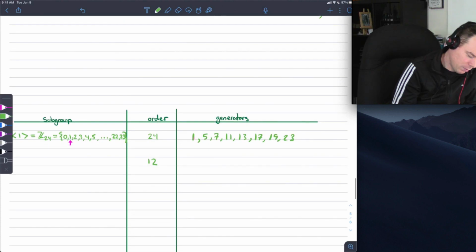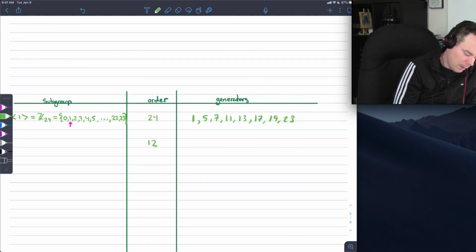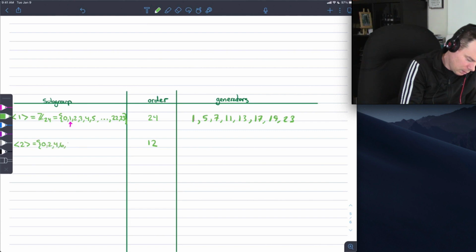So that's what we get from that part B. To get a subgroup of size 12, or order 12, I use the number 2. And that gives me all of the even ones. 0, 2, 4, 6, 8, 10, 12, 14, 16, 18, 20.